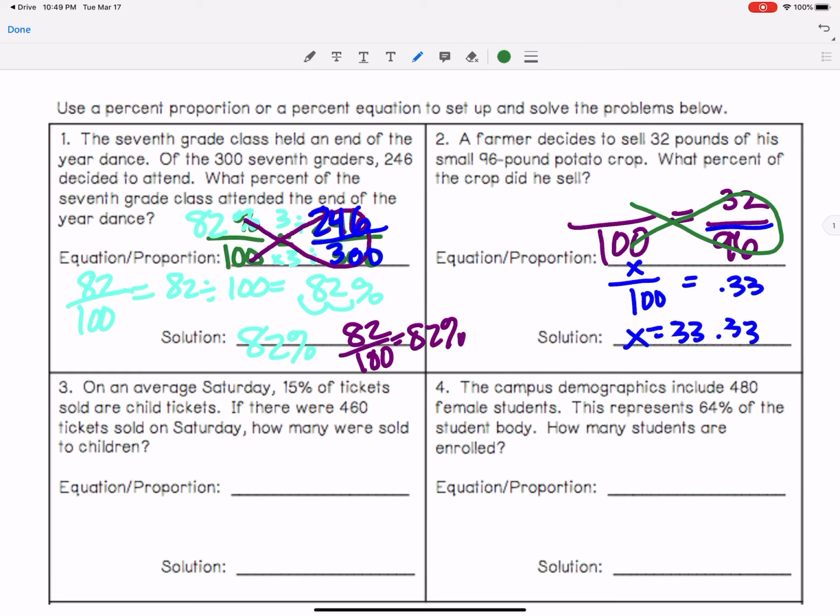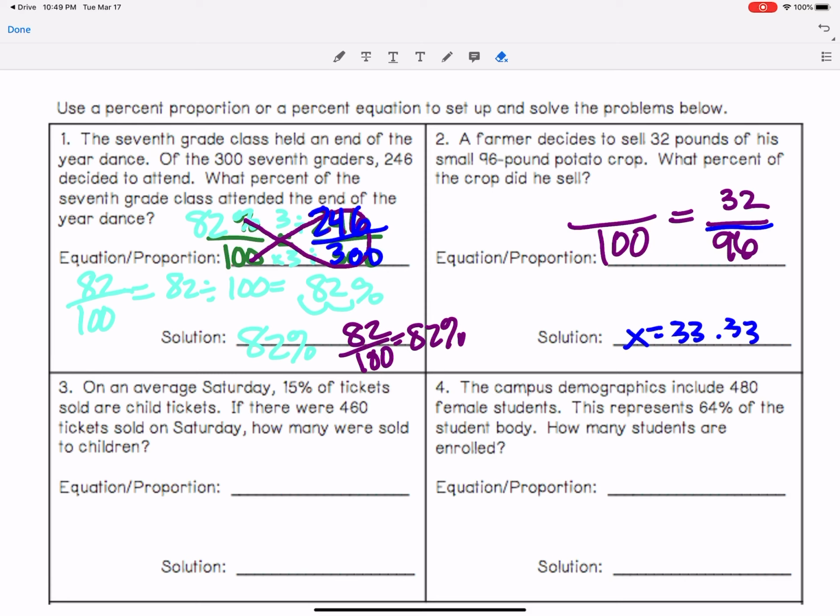I'm trying to think of what other way I could show you. Oh, there we go. The other way I was going to show you, and I'll erase that green really quick, is you could ask, what did I do to go from 96 to 100? Because this is a proportional relationship, it should work every single time.